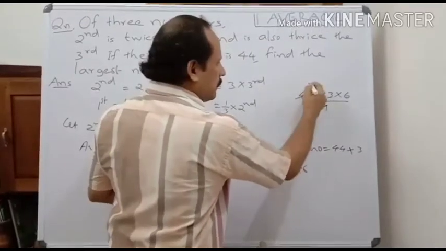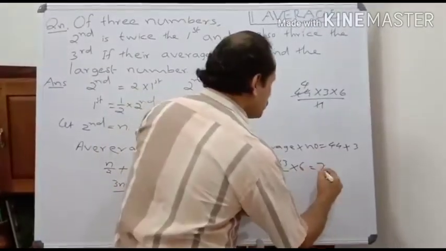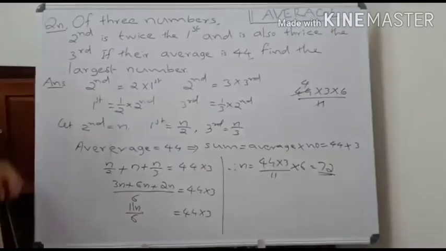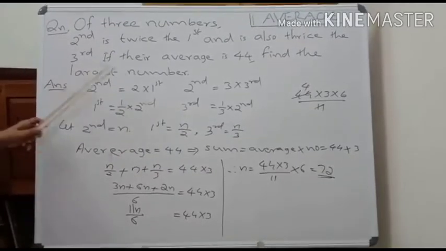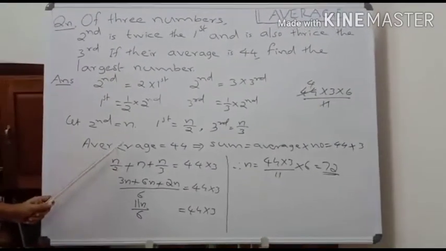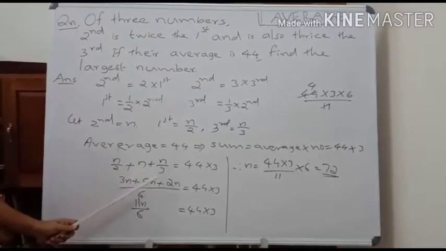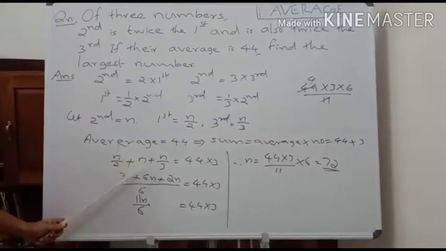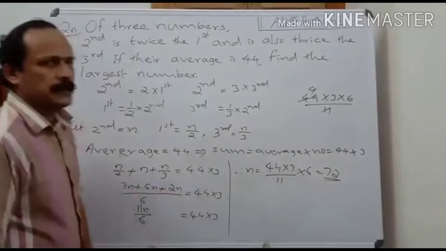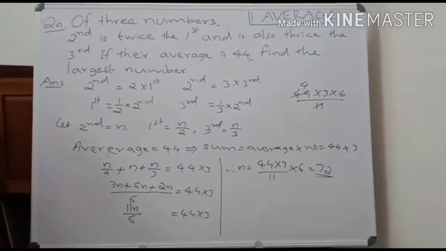Cancel 11, then we have 4 into 3 into 6, that is 72. And what is required? We have to find out the largest number. And here the numbers are n by 2, n and n by 3. Surely n is the largest number, and therefore the required largest number is 72. 72 is the answer.